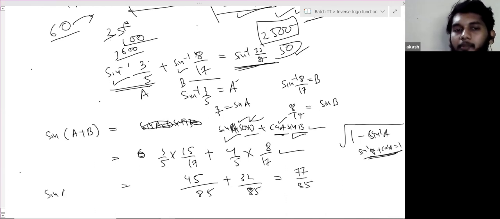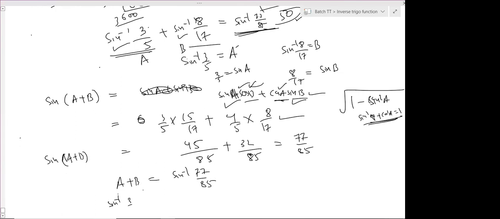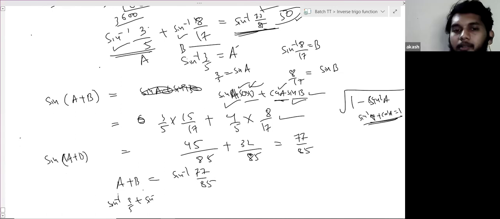So sine A plus B, we are getting 77 upon 85. So A plus B, we will get sine inverse 77 upon 85. What is A? Sine inverse 3 by 5. And what is B? Sine inverse 8 by 17. So this we can easily prove by this method also.